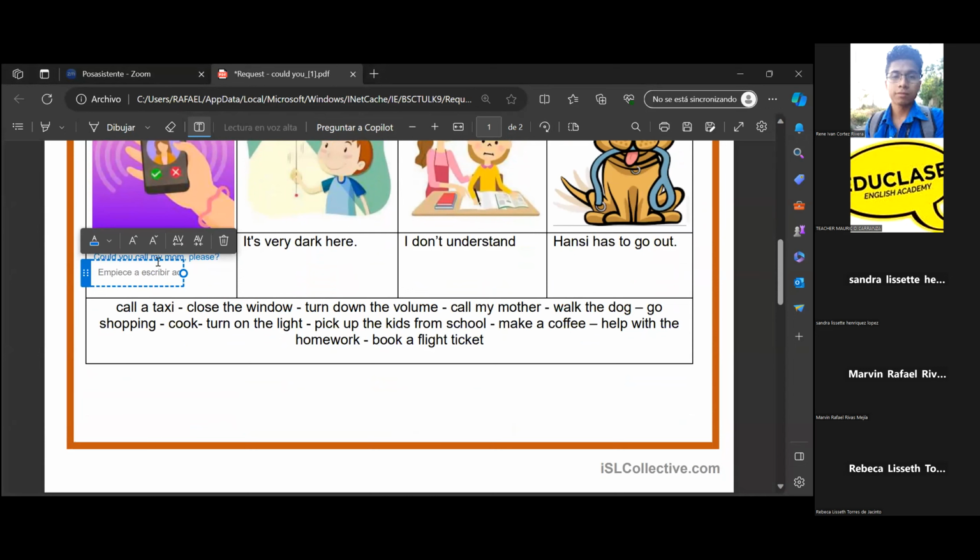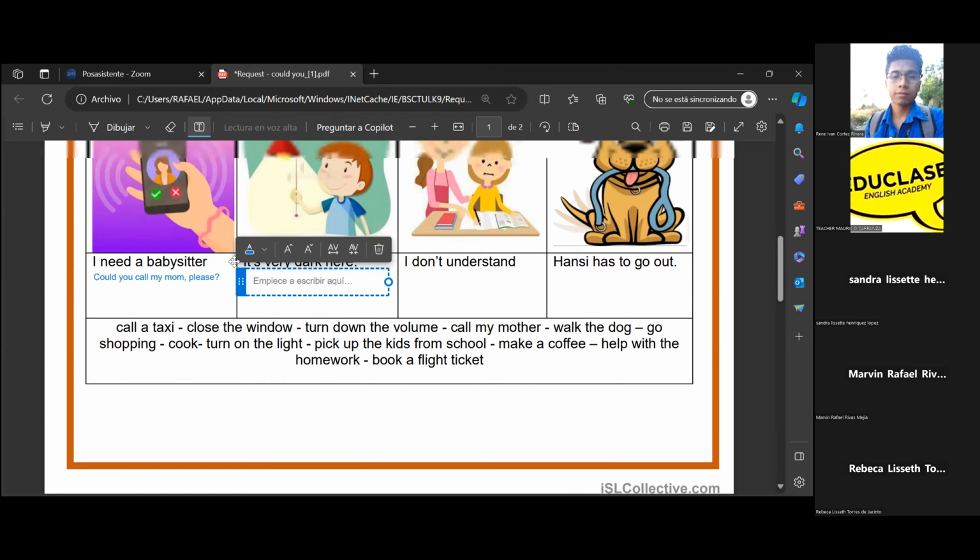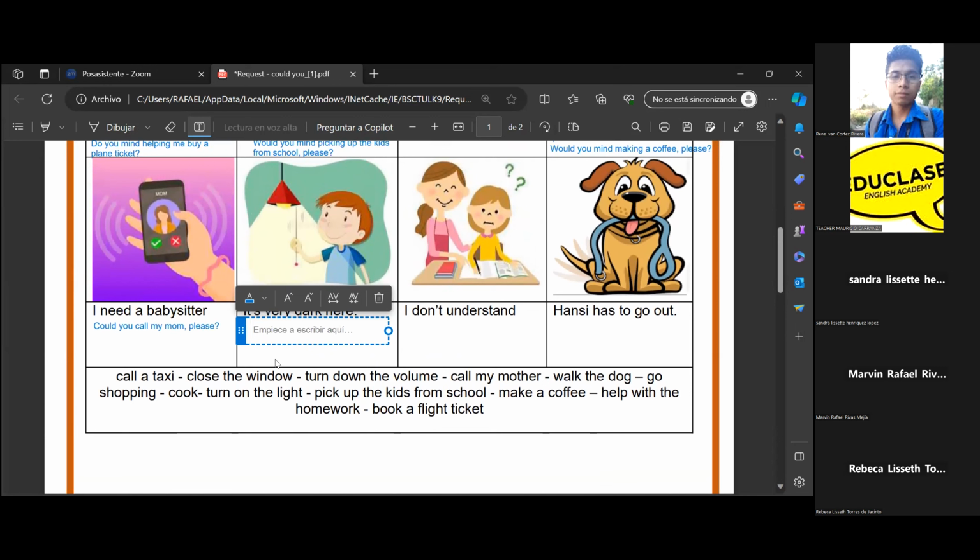Okay, the next. Could you turn on the light?